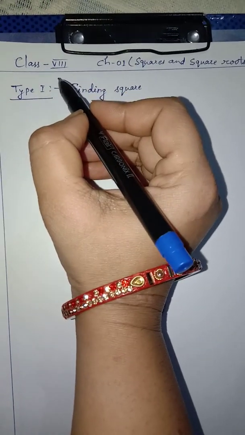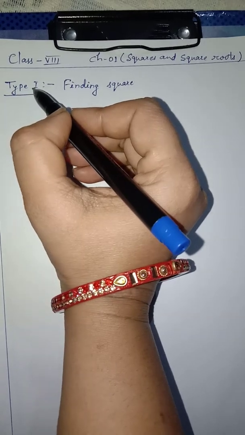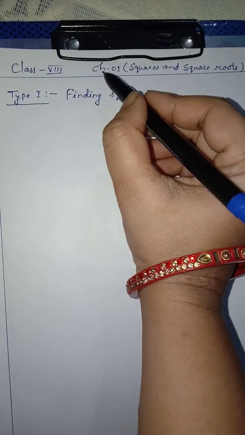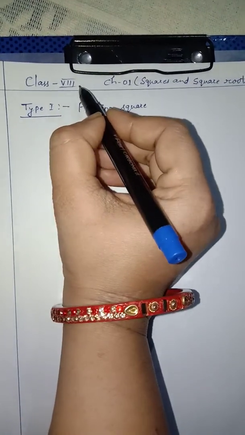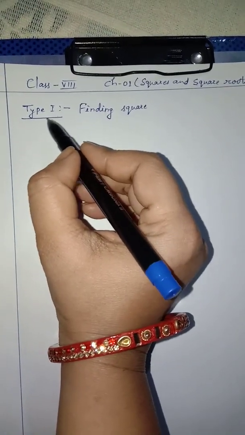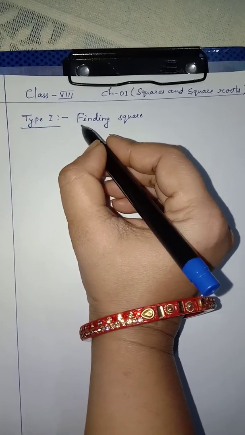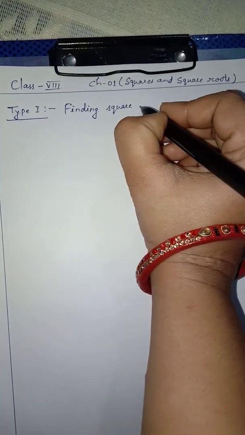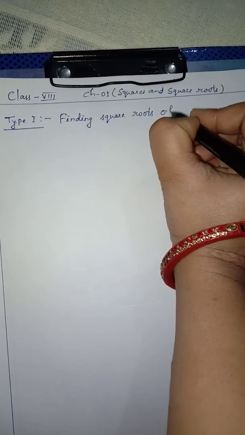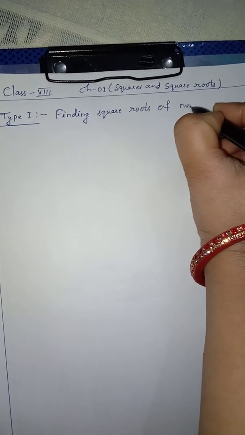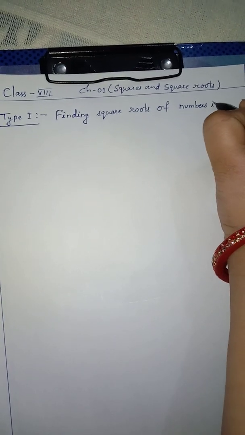Children, I am your maths teacher and today we will discuss many types of questions which belong to chapter 1, squares and square root of class 8. So type 1, the first type of question, belongs to finding square roots of numbers in decimal form.